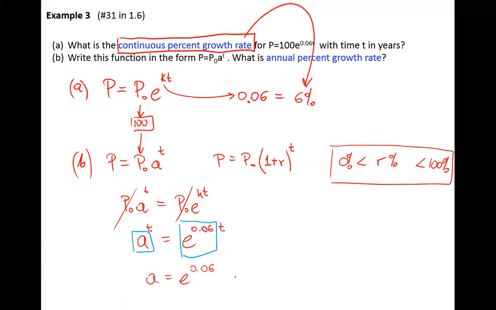I used the calculator, and I got the number 1.0618. Okay? Which means the rate that we're adding is, yes, close. Yeah, it's good understanding.